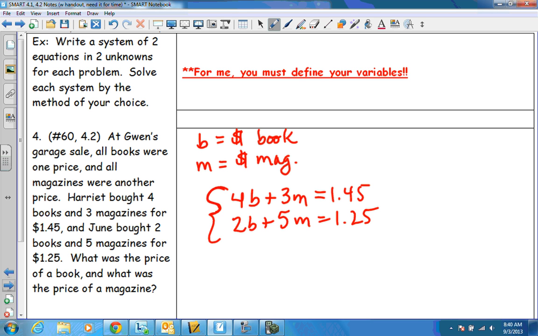Are you doing your graphing, Sydney? What about substitution? Elimination? What are we going to eliminate? The B's? Yeah. Alright, so what do you want to multiply by here? Well, actually, I don't need to multiply by anything. M equals 15 cents. Awesome.